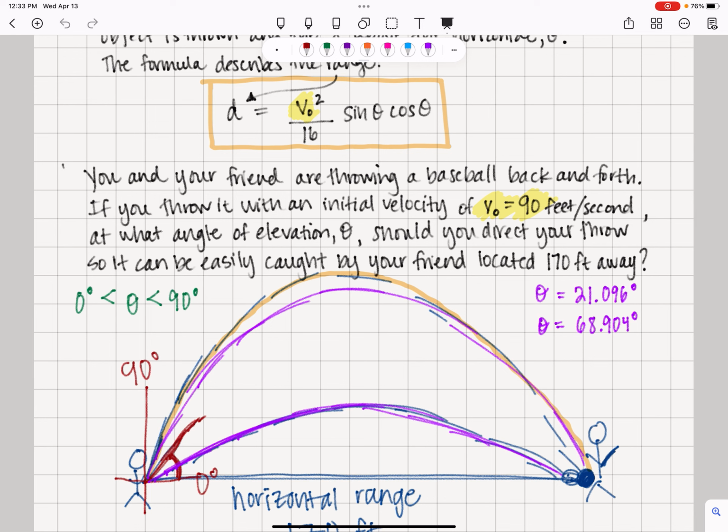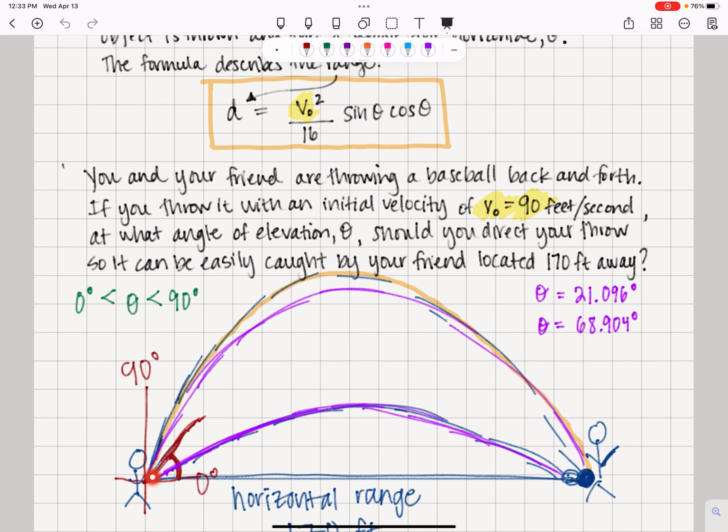So now just out of curiosity, why at 21 degrees will it go the same distance as 68.9 degrees? Why is that? Well, if you're throwing it at a lower angle, you're probably going to get that distance right here, right? But it's kind of difficult to throw at that small angle above the horizontal.